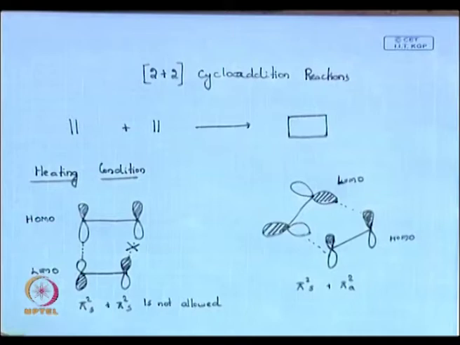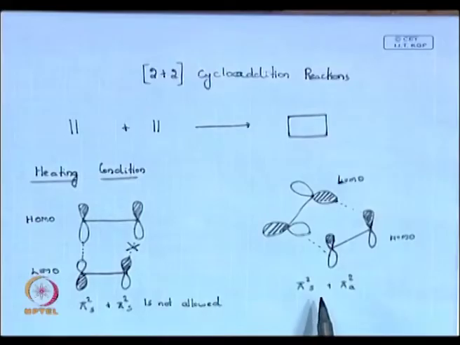So, if you generalize this, you can say that in heating conditions cycloaddition reactions do not undergo suprafacial plus suprafacial, it is not allowed, but you can think about undergoing suprafacial plus antarafacial reaction. But the care here is that it should be geometrically favored. If it is not geometrically favored, then this alignment of suprafacial to antarafacial never takes place.